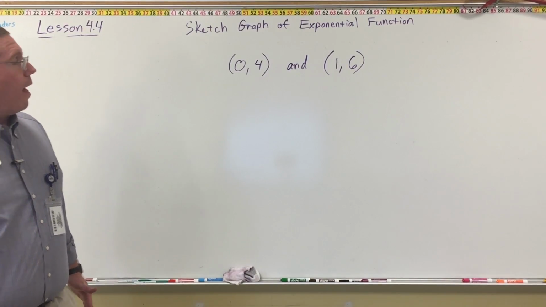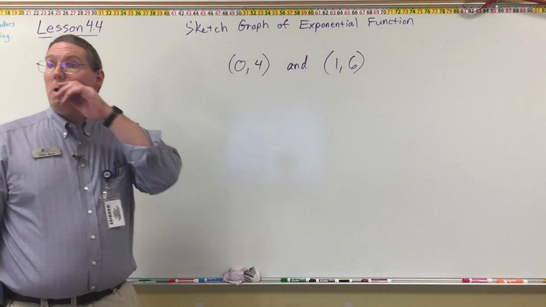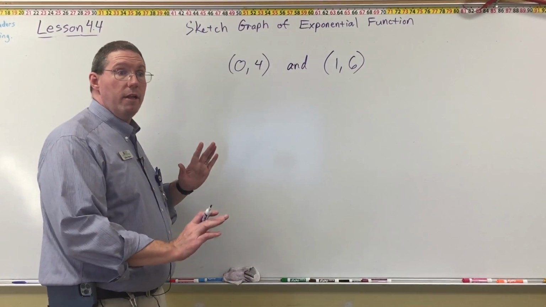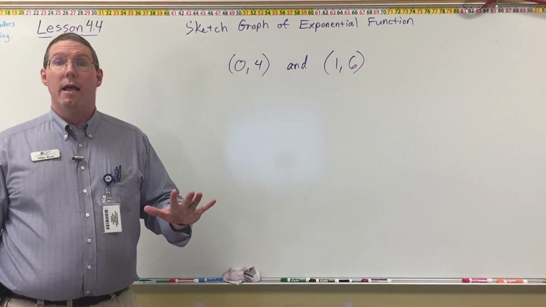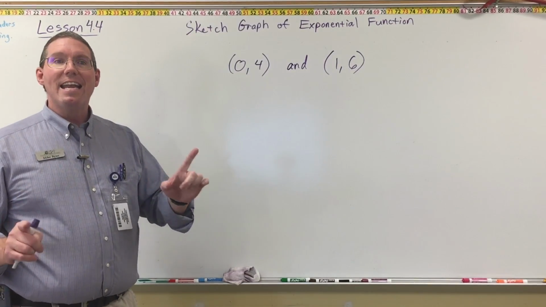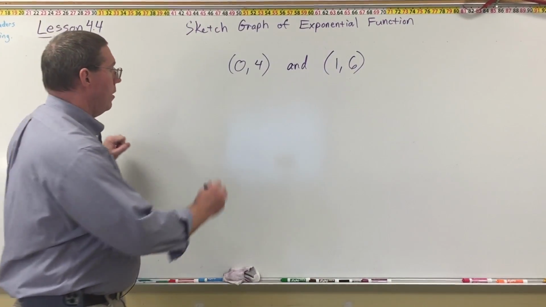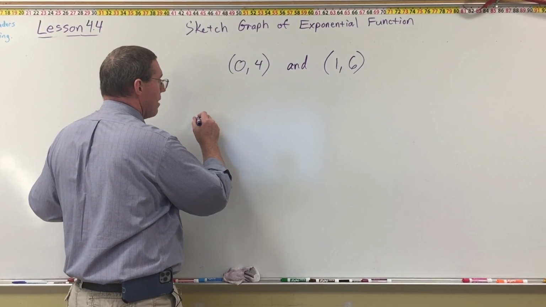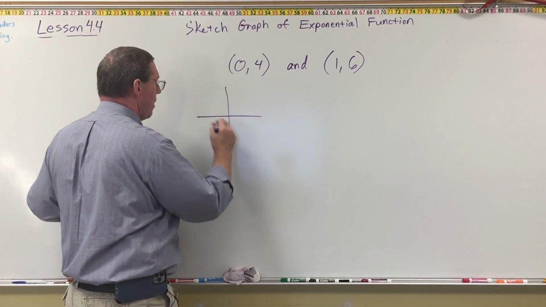First of all, I know that it doesn't have a negative at the beginning of it. If it had a negative at the beginning, you'll see in just a little bit, it has a shape that looks like this.